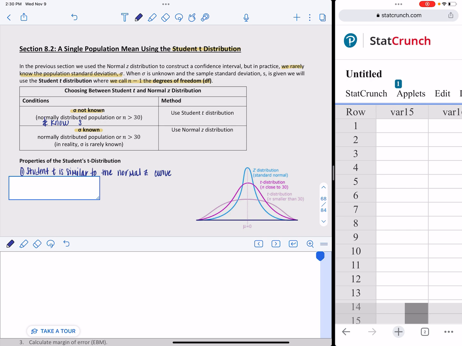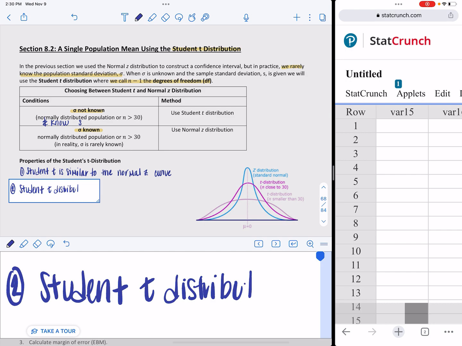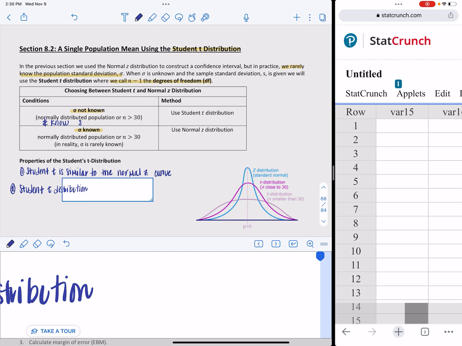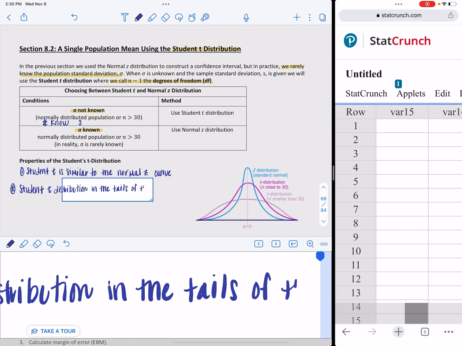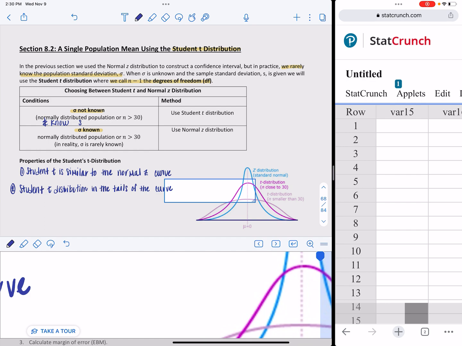The second thing is that the student t distribution has more area in the tails than the normal z.